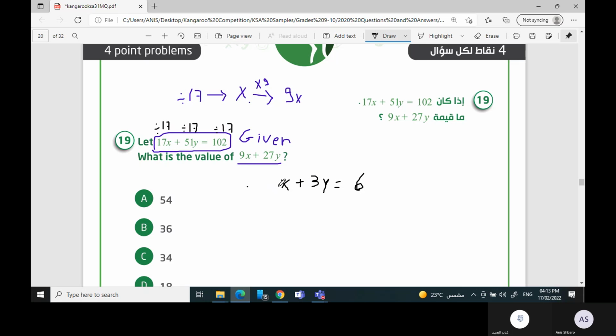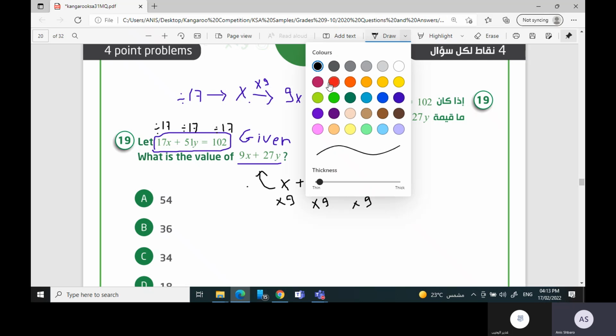Okay, now to move on from x to 9x, I need to multiply by 9. If I multiply one term, I need to multiply all the terms. So it's a multiplication here and a multiplication here and here. Now let's change the color to make it clear.